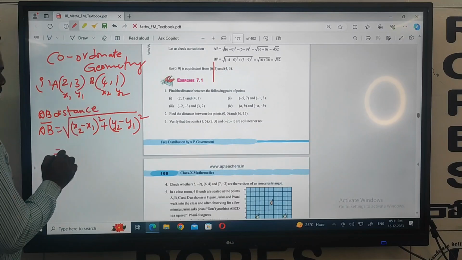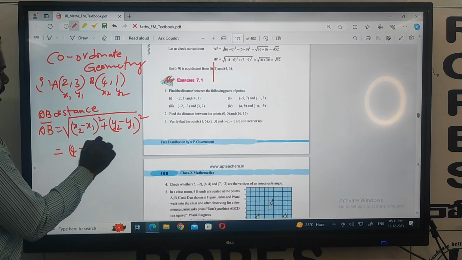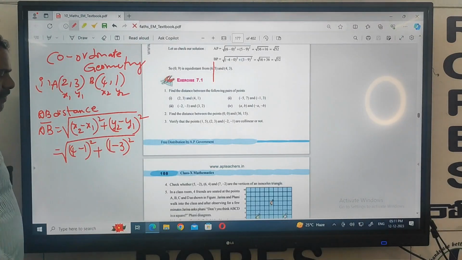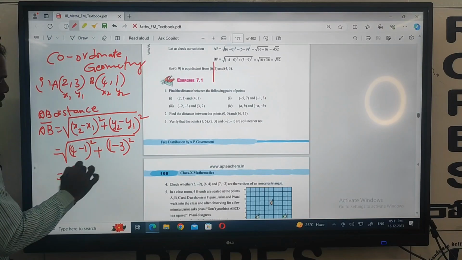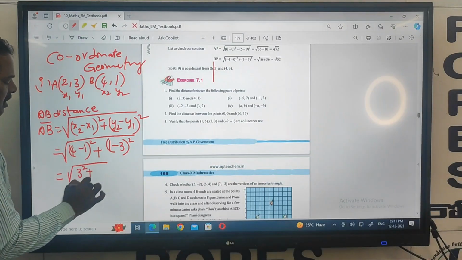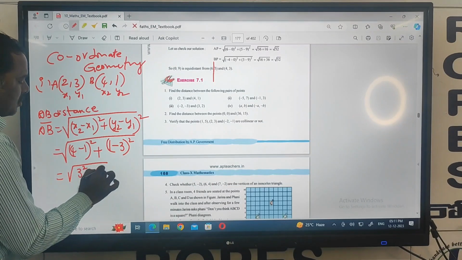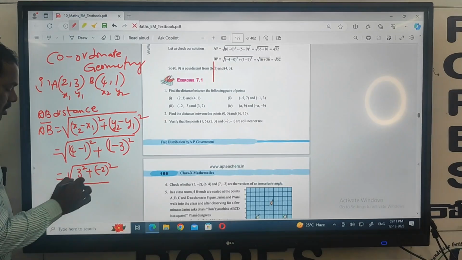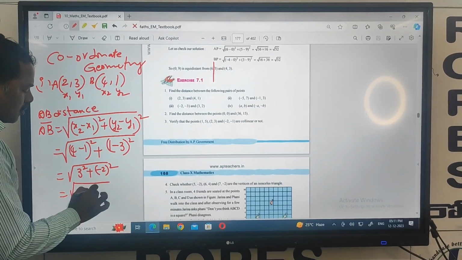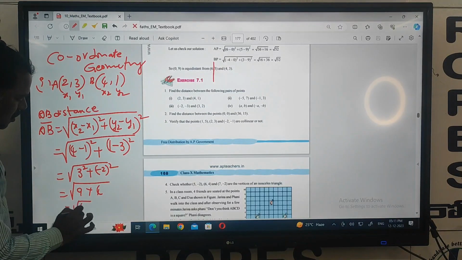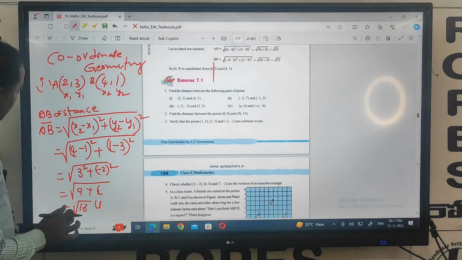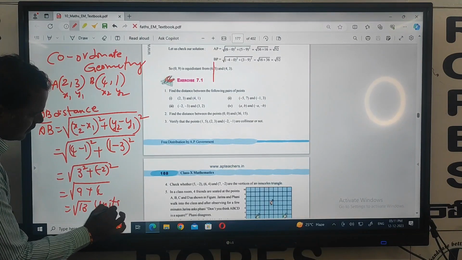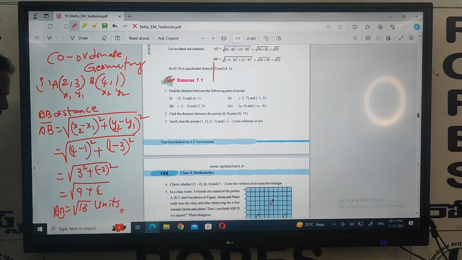Using this, the square root of (4 minus 1) square plus (1 minus 3) whole square. That is 3 square, 9, and (minus 2) square, 4. That equals root 13 units. This is the distance between A and B.